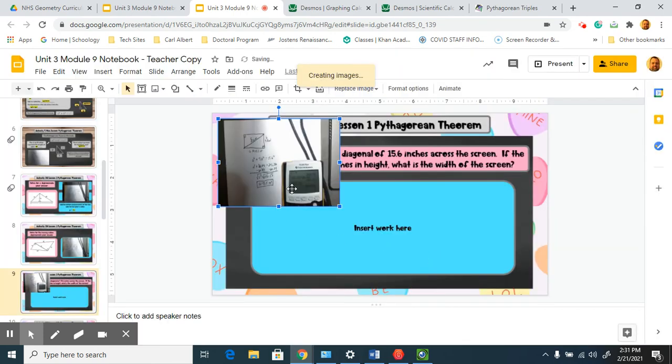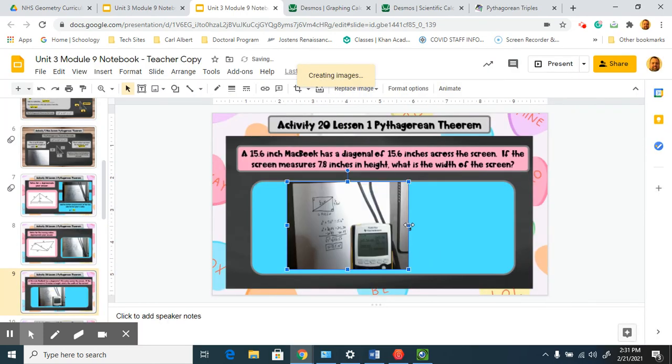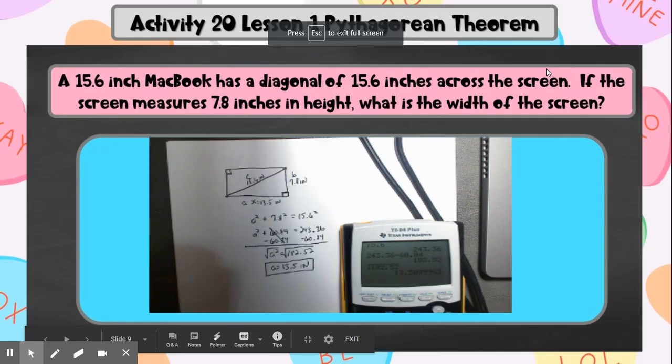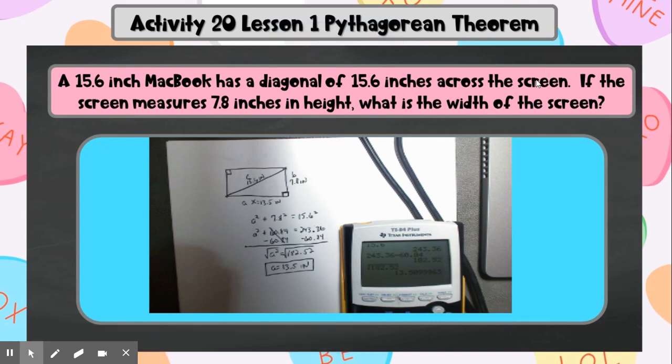Be sure and insert that in. And there we go. So this is the type of work we're going to be working on today. Please be sure that you follow the directions, look back on your notes, and get them filled out. If you have any problems, let us know.